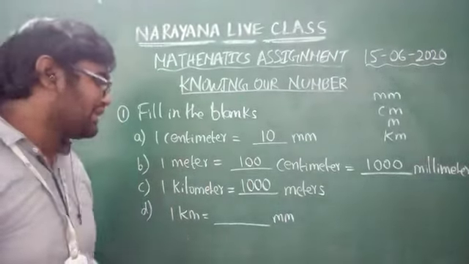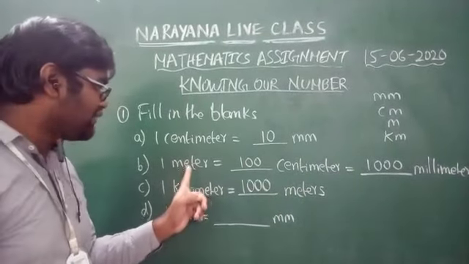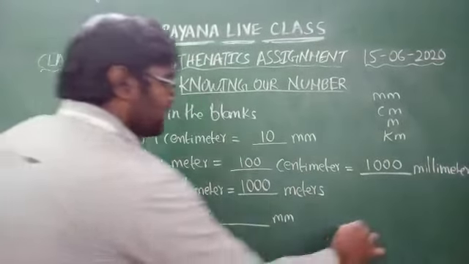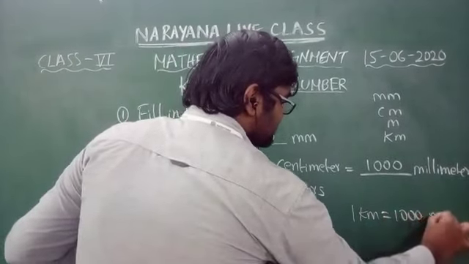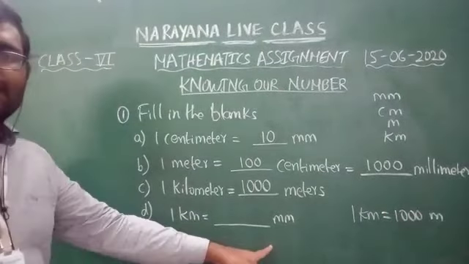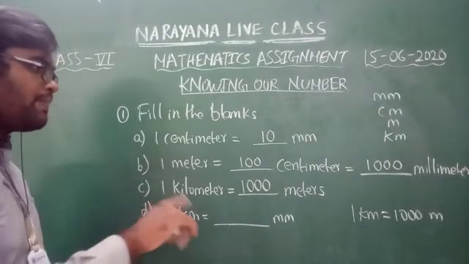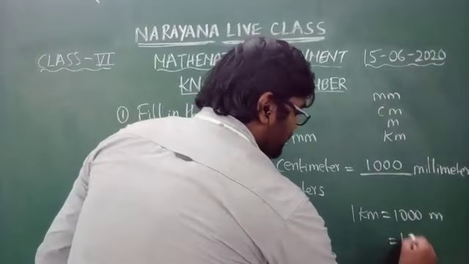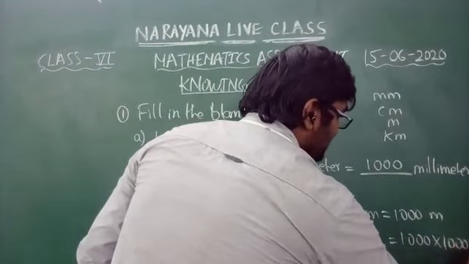This is very important. We know 1 kilometer is equal to 1000 meters, and also we know 1 meter is equal to 1000 millimeters. So we can write 1 kilometer is equal to 1000 meters. I want it in millimeters, so what do we have to do? Again, 1 meter is equal to 1000 millimeters.